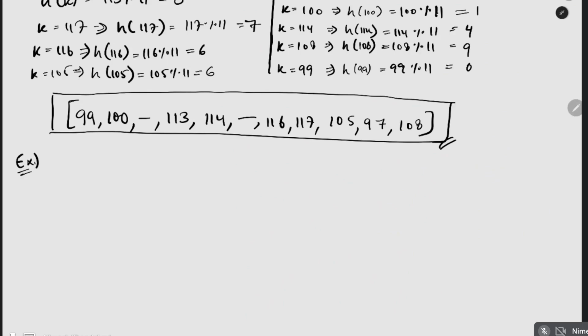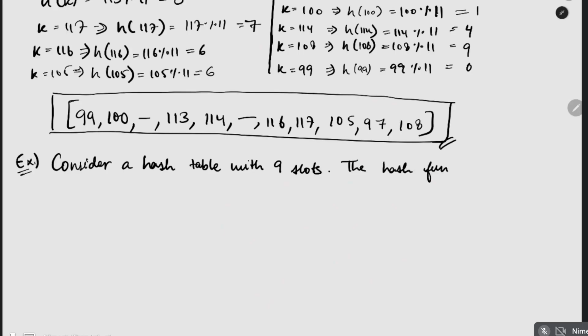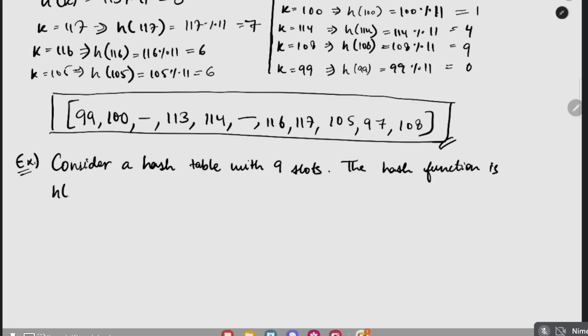So let's take the example of a hash table with 9 slots. The hash function is h of k is k mod 9.